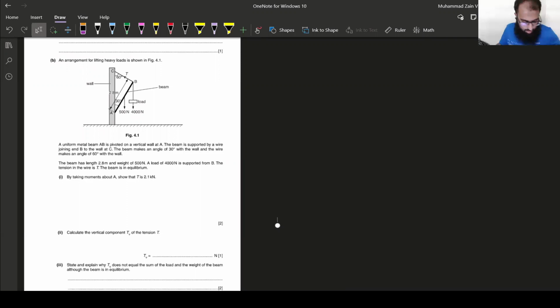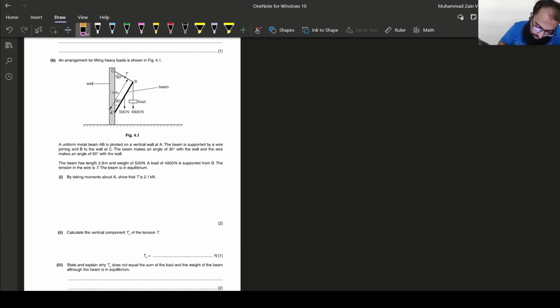A uniform metal beam. I won't read this statement because they've explained the whole thing; the graph is self-explanatory, and they've just explained this figure in words. By taking moments about A, show that T is 2.1 kilonewtons.